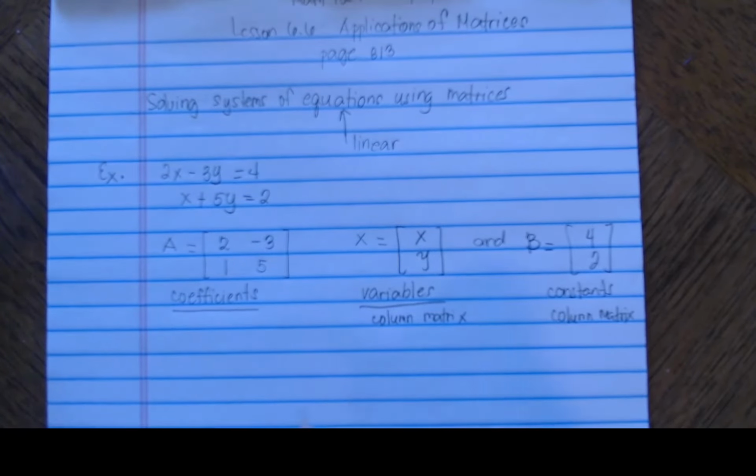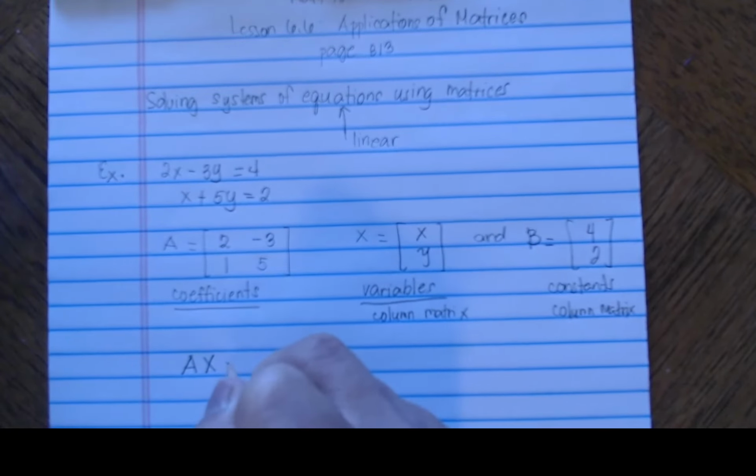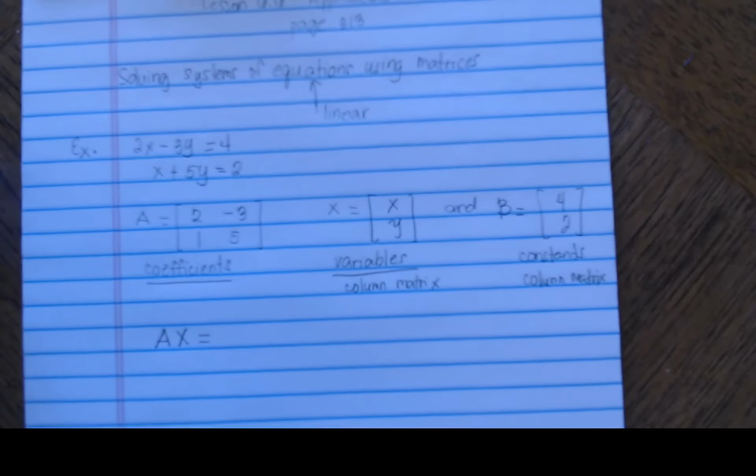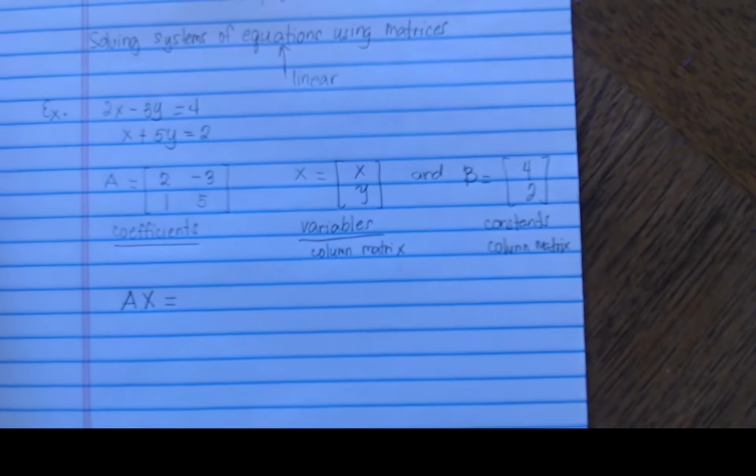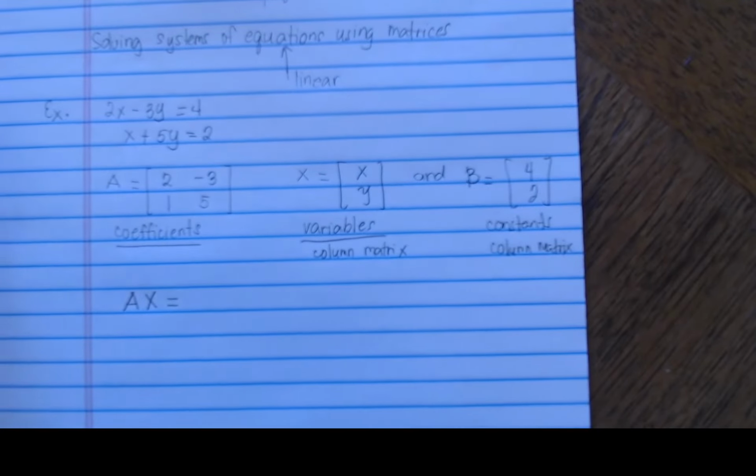And you know that we're gonna multiply. Find matrix A times matrix X, and we already went over how to multiply 2 matrices by using the dot product.